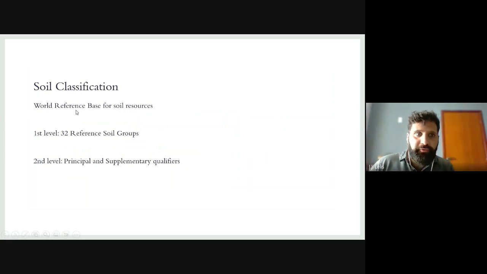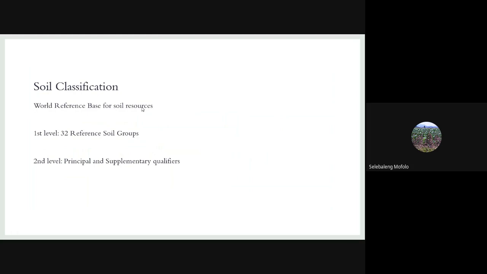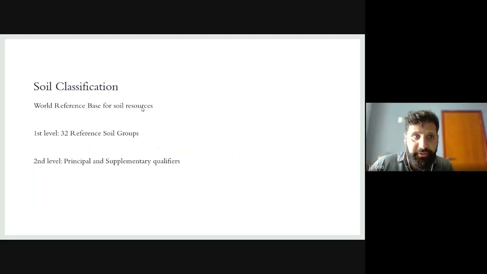The World Reference Base for Soil Resources is a specific system for soil classification. It could be used for worldwide soils, so we can use it in Brazil, Australia, Europe, Africa, the Americas, or any country that you can imagine. It's a very good soil classification system because it's quite easy to use.